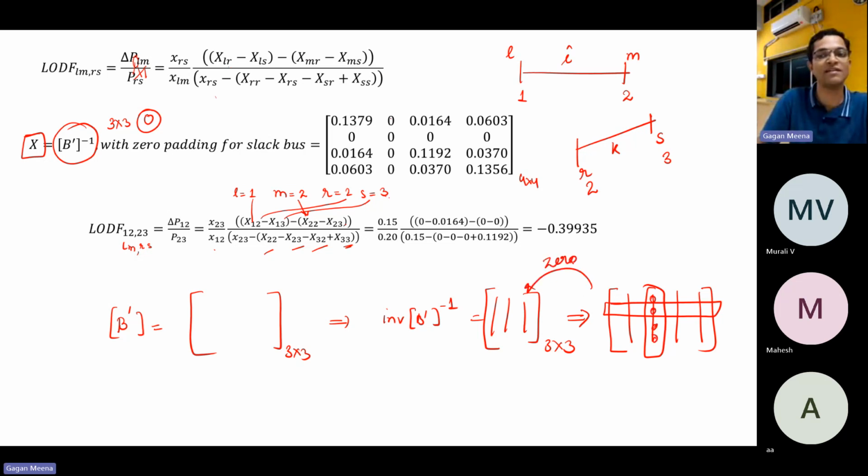After adding these zeros, you will get a 4 cross 4 matrix. This is the final X matrix. Is this clear now? This is very important. Yes, the inverse is 3 cross 3 only. We are adding zeros in that matrix corresponding to the slack bus, the row and column.